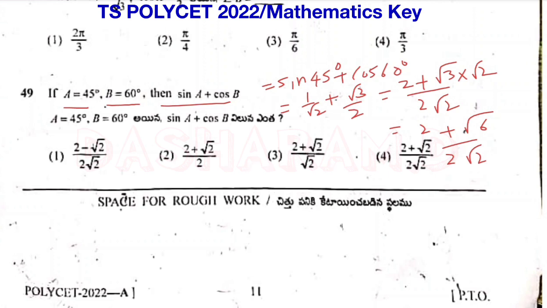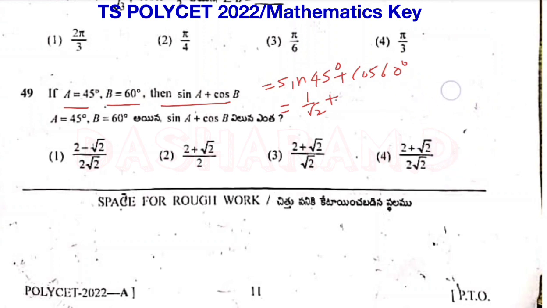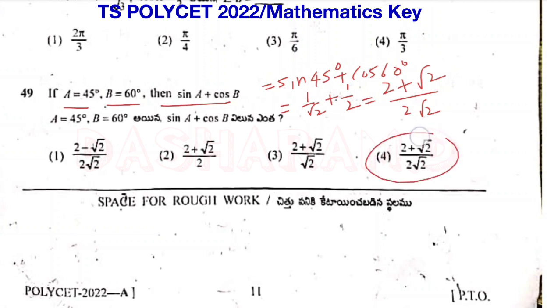Sorry, here actually the cos 60 value is not root 3 by 2, that is 1 by 2. The LCM is 2 into root 2, then 2 plus root 2. So option 4 is correct.